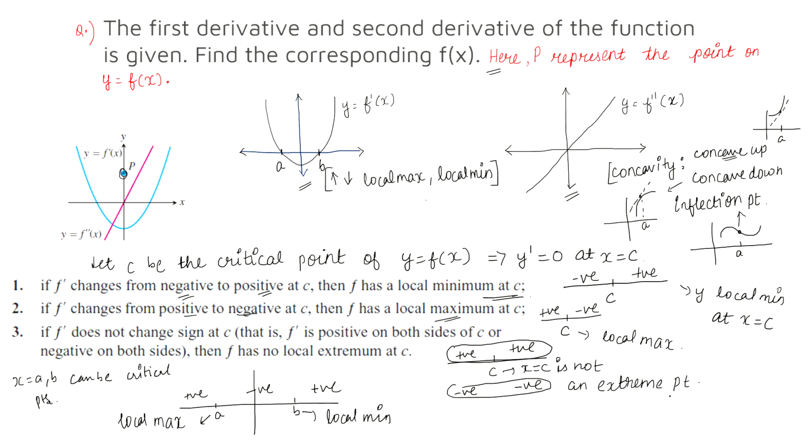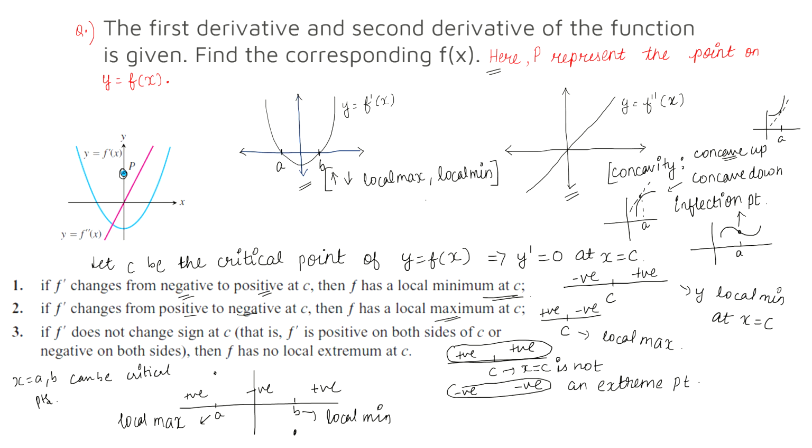Now, let us assume that the function is taking, say, a local minimum at this point B, let f of x be taking this value, and at x equals A, f of x is taking this value. So this is the local maximum and this is the local minimum. We have obtained this, and the function is increasing from minus infinity to A, then it is decreasing from A to B, and then it is again increasing from B to infinity.